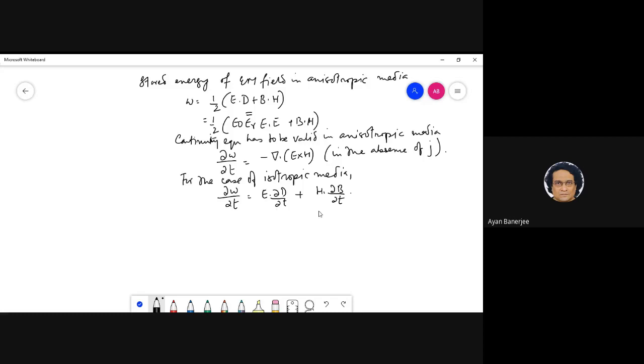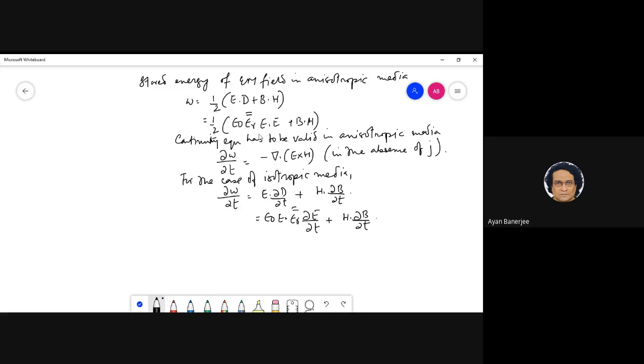Okay, so now just think of this. Basically this term I can write as epsilon E dot this. I cannot just interchange that out, right? I can only write this. Fine, this is okay. I know that this is valid.